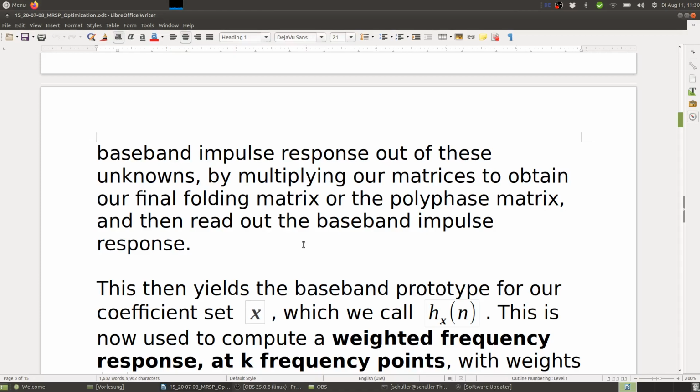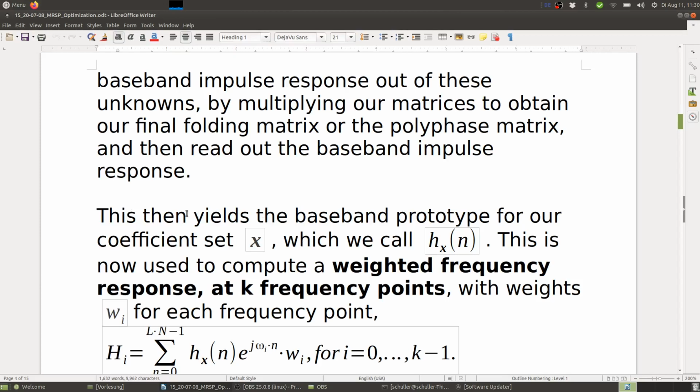So that's the next step. This then yields the baseband prototype for our coefficient set x, which we call hx of n. Right? So this is the resulting baseband prototype for our coefficient set x.